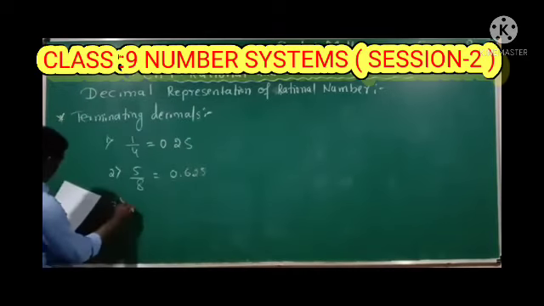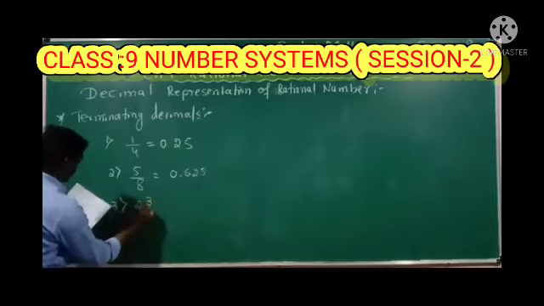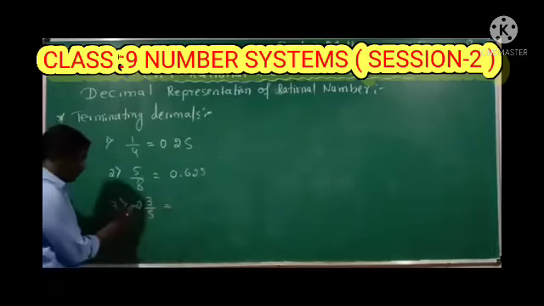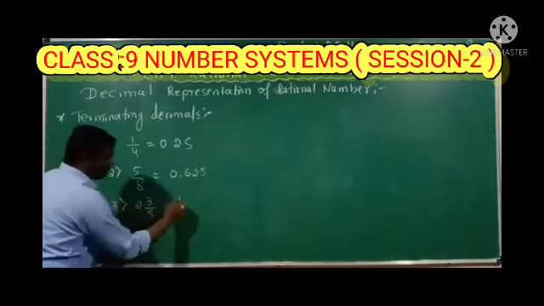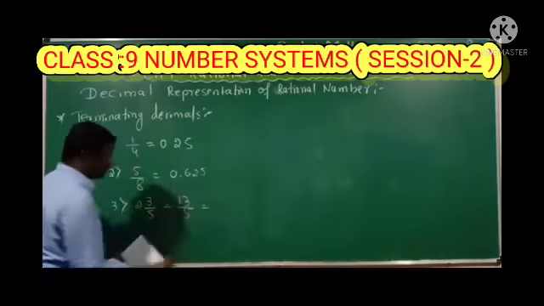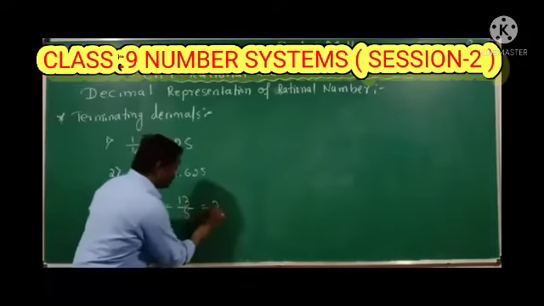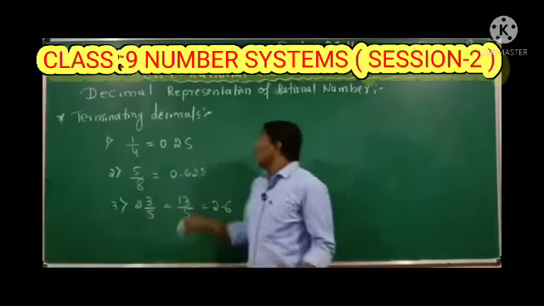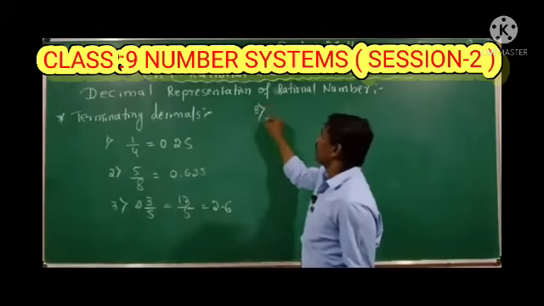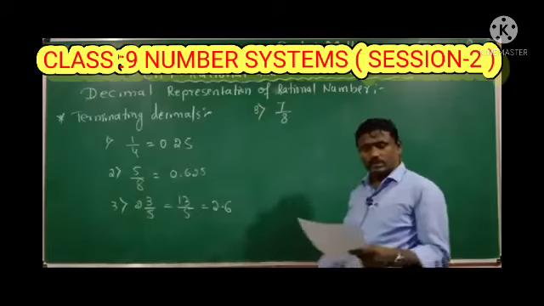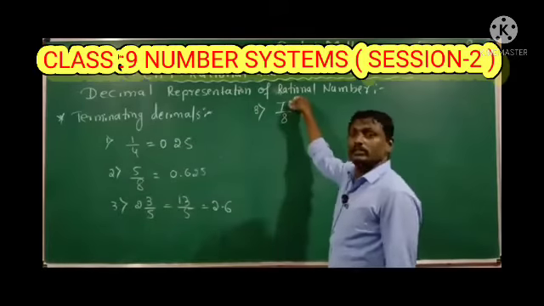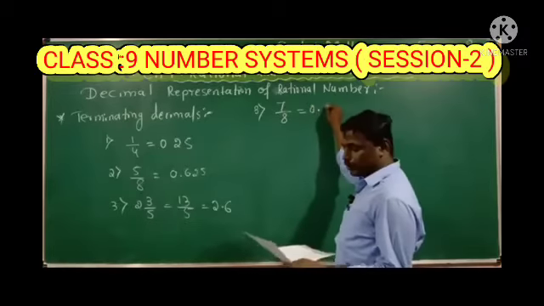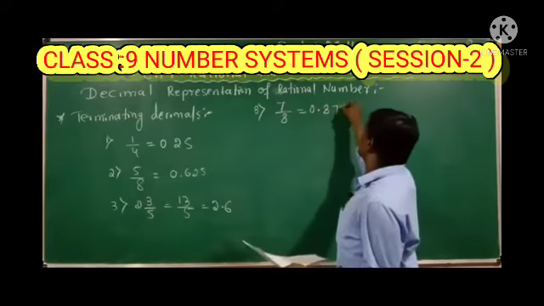Next, third one, 2 integer 3 by 5, that is 13 by 5: 5 2s are 10, 10 and 3 is 13. When we divide these two, we get 2.6. And next one, 7 by 8. When we divide 7 by 8, what will we get? The decimal expansion 0.875.